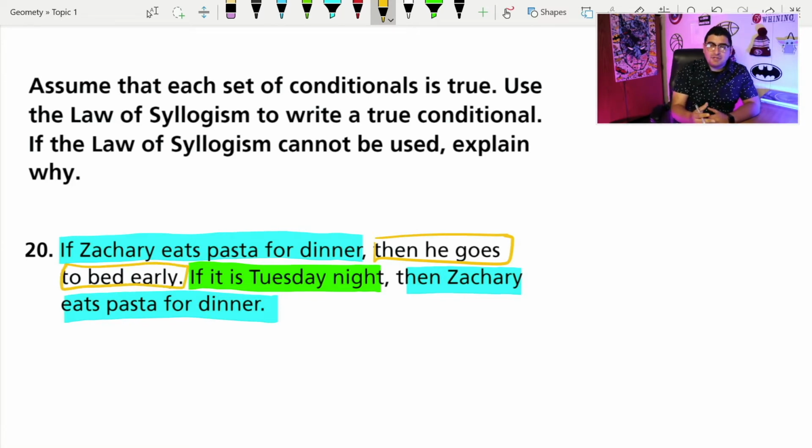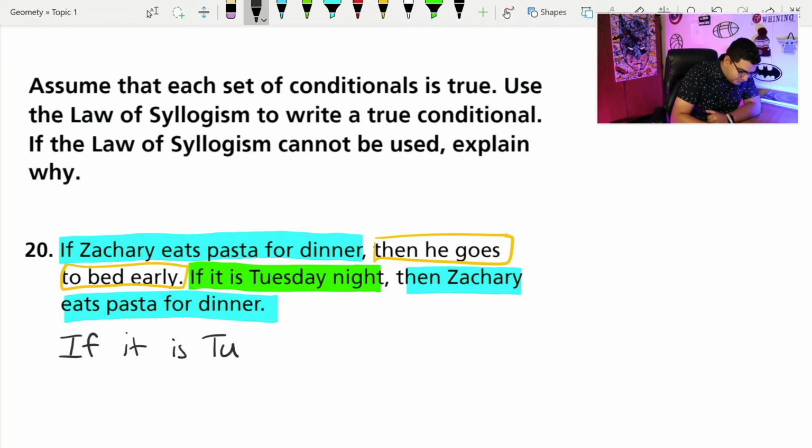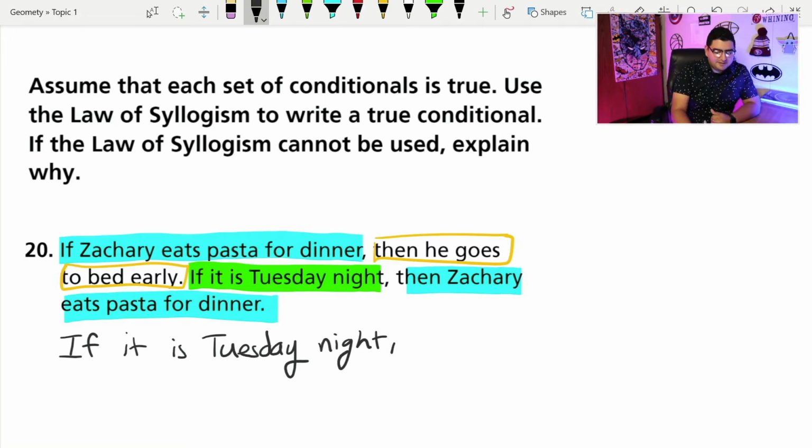The new statement we can write would be, if it is Tuesday night, instead of saying then Zachary eats pasta for dinner, I know that if he eats pasta for dinner, he's going to go to bed early.